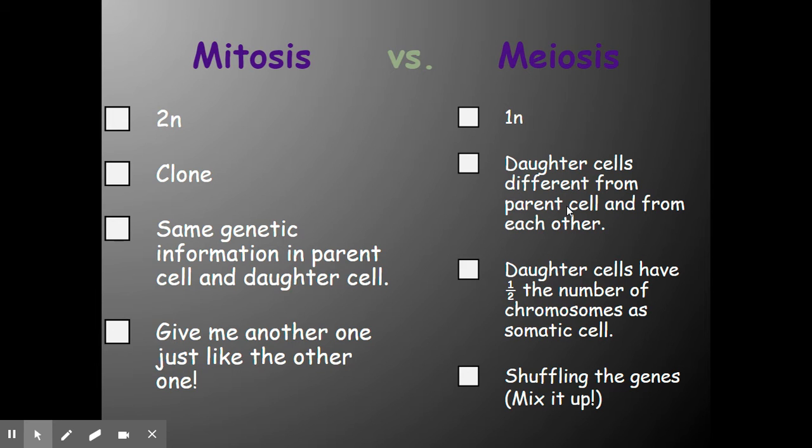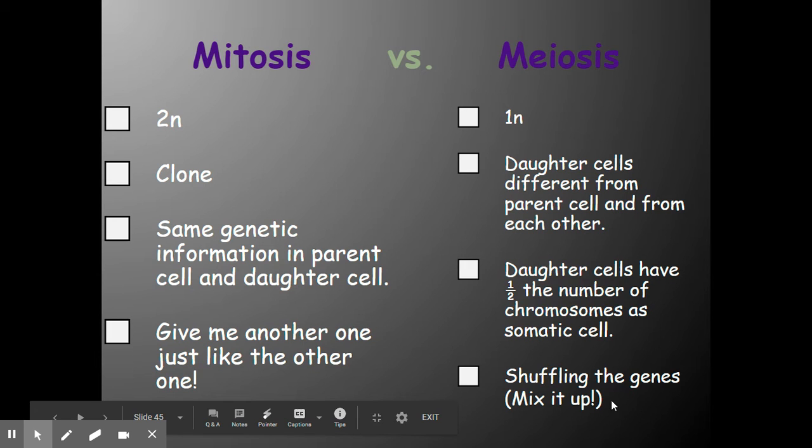Okay? Each of those daughter cells have half the number of chromosomes as a normal somatic cell, which makes sense. It's 1N, whereas that 1N is half 2N. And the whole thing about meiosis is shuffling up the genes or mixing it up.